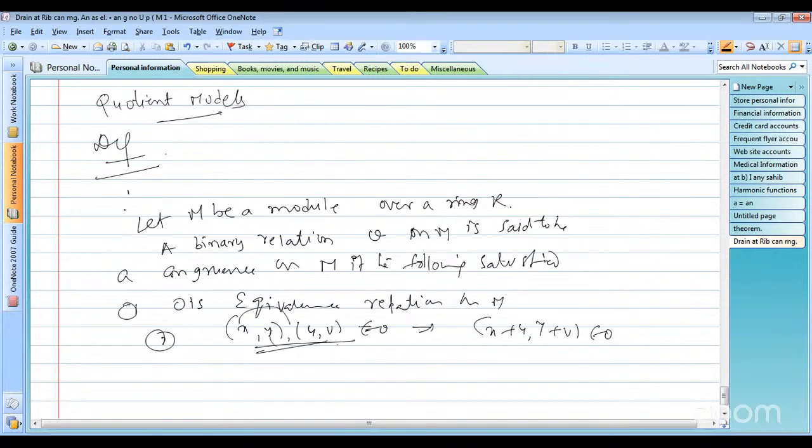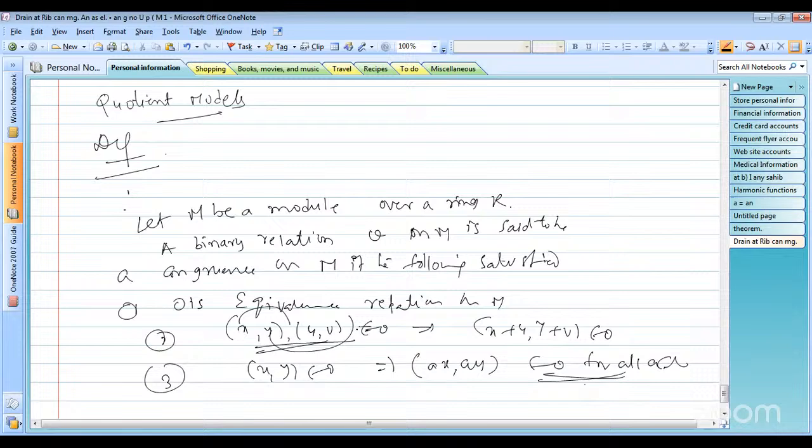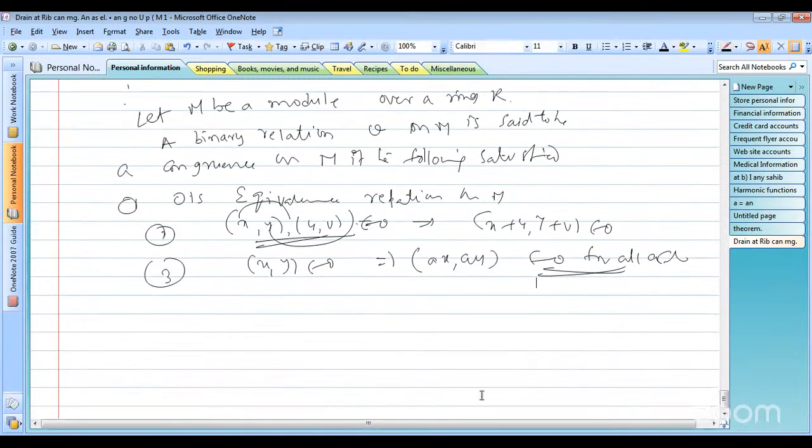Third, if (x, y) belongs to theta, then (ax, ay) belongs to theta for a in R. These conditions are satisfied here. So for a module, the congruences and submodules are in one-to-one correspondence. We shall use the following theorem with these conditions, using this definition.